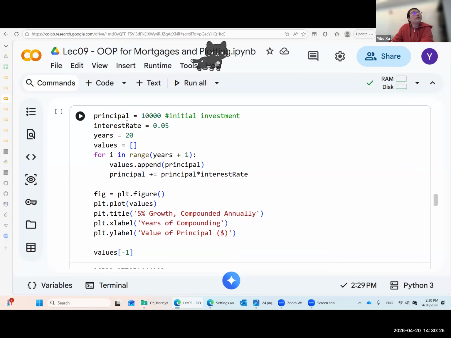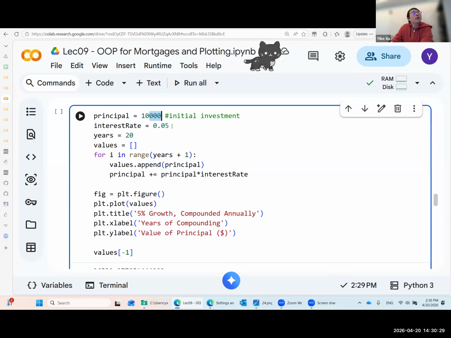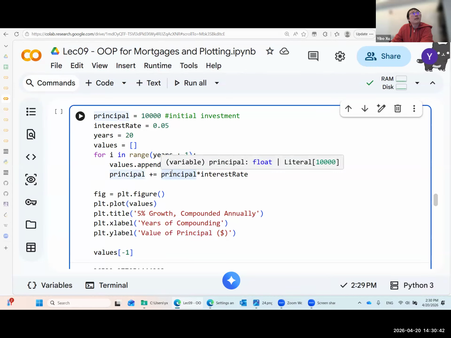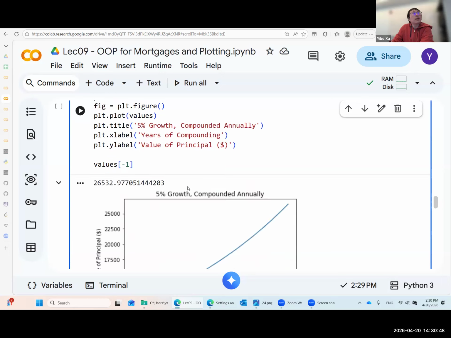For a principal of 10K with a 5% interest rate and a 20-year mortgage, what you do here is the original principal times the original principal plus the principal times the interest rate, and then it's going to be an exponential growth.